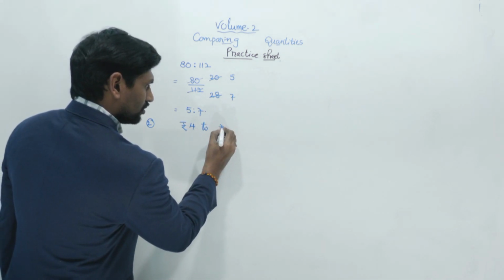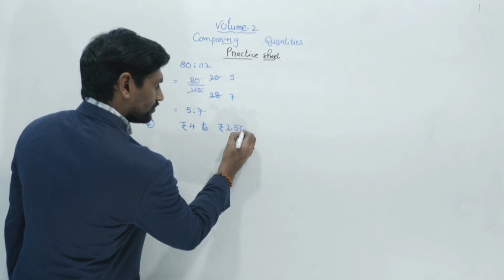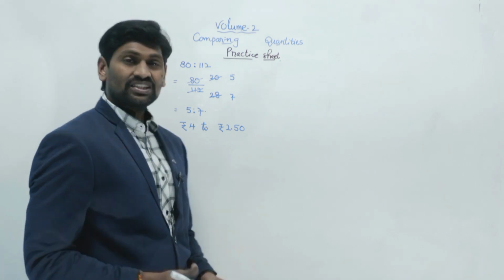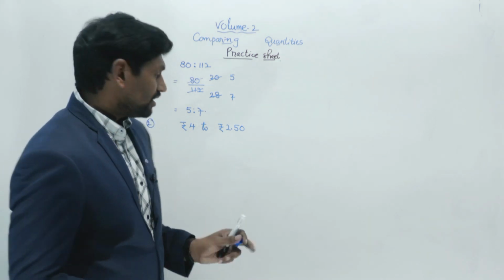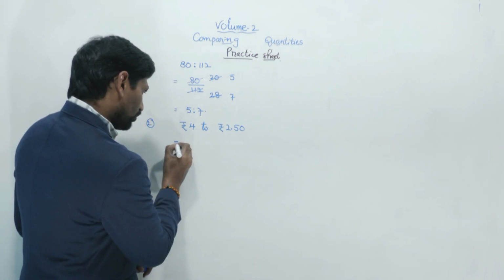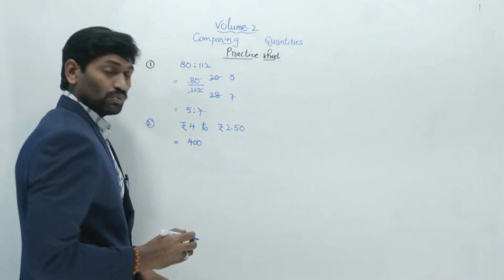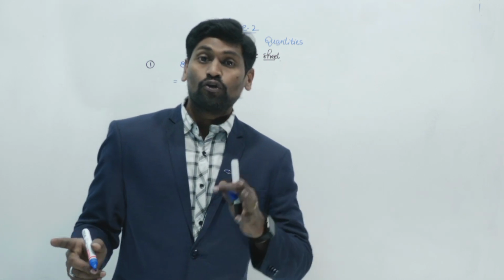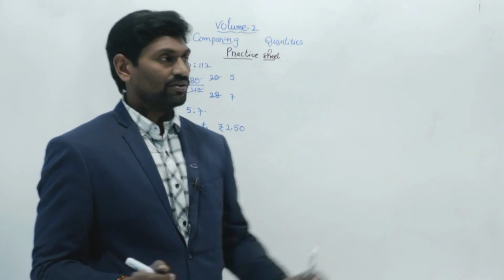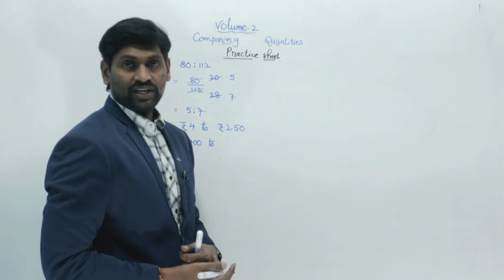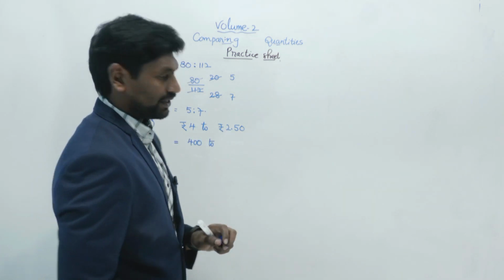Both are given in rupees, so let us convert them into paise. 4 rupees equals how many paise? 400 paise, because 1 rupee equals 100 paise. 4 rupees equals 400 paise. Very good. 400 to, so 2 rupees means 200 and half a rupee means 50 paise.